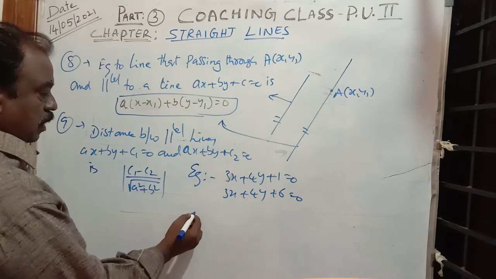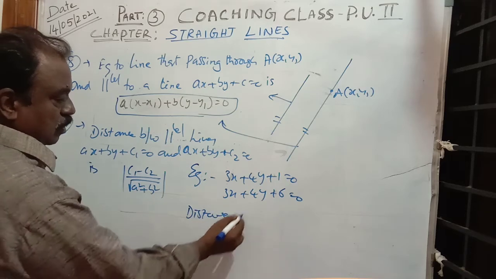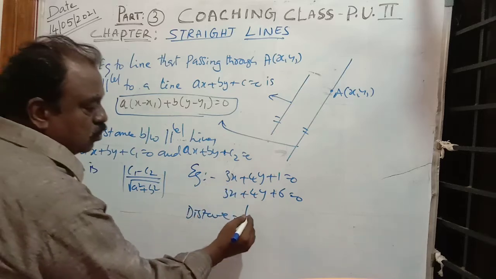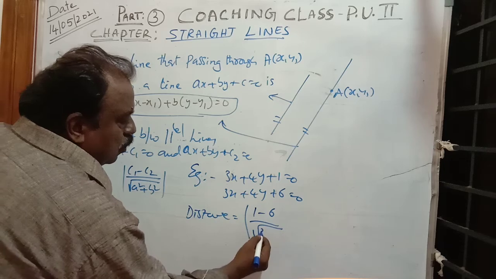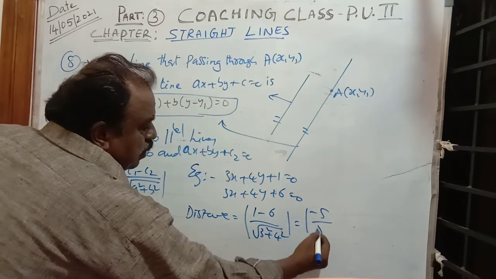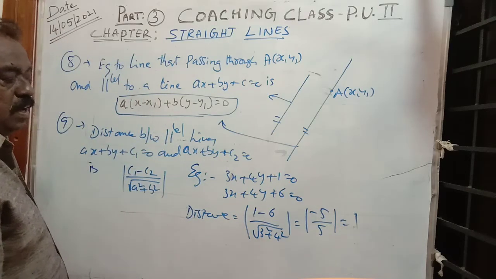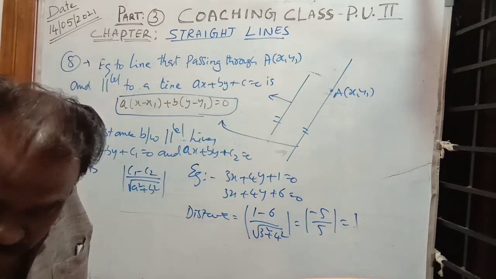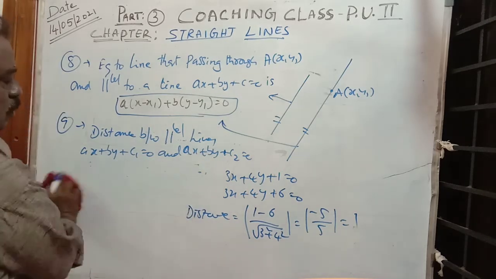By using the formula, the distance is the modulus of c1 minus c2, so we use 1 minus 6, by root of 3 square plus 4 square. It is minus 5 by 5. 5 by 5 cancels; minus 1 in modulus means 1. So the distance is 1. Now one more example I want to give.